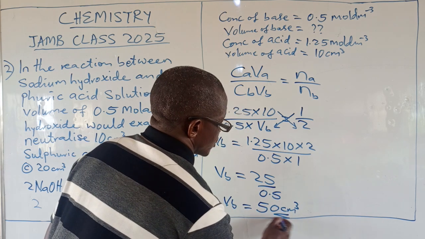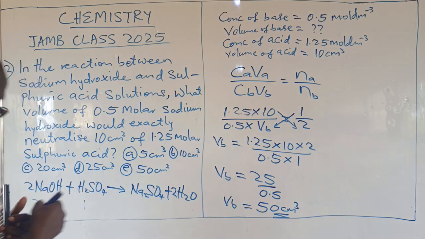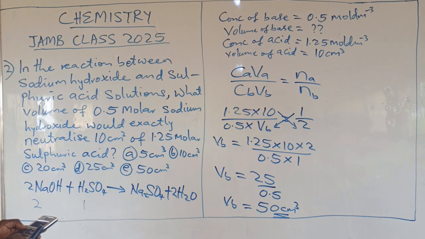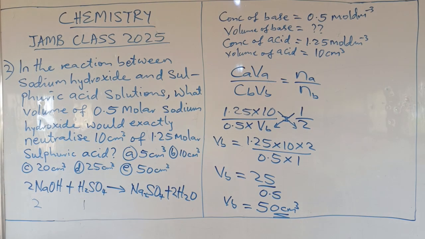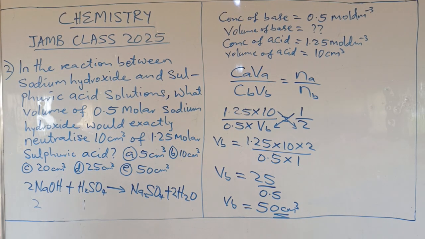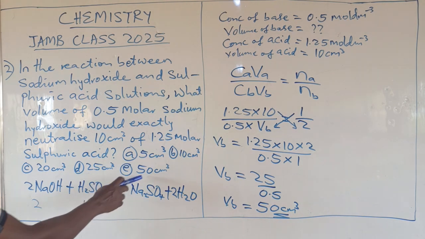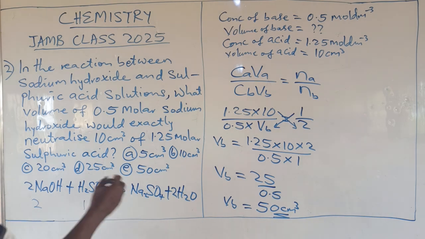Now let's confirm whether we have that in the options. A, 5 cm cube, B, 10 cm cube, C, 20 cm cube, D, 25 cm cube, E, 50 cm cube. This is the correct option.